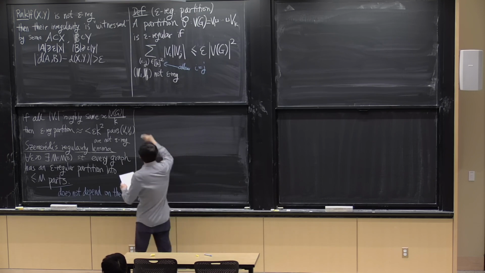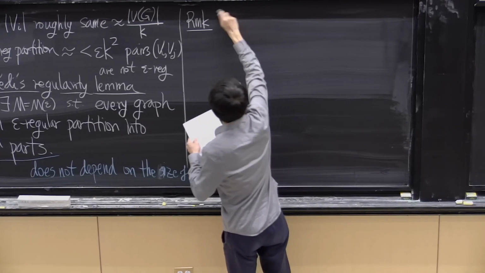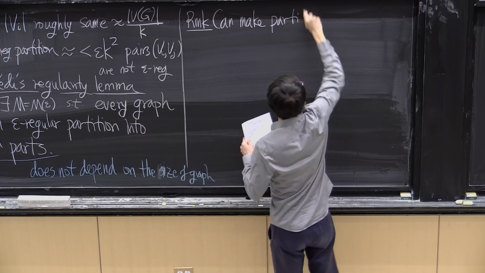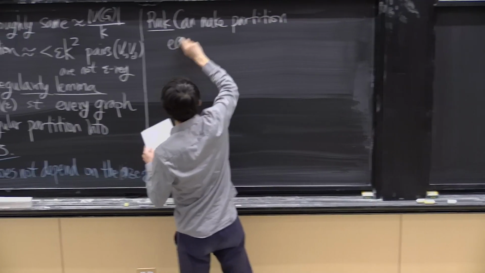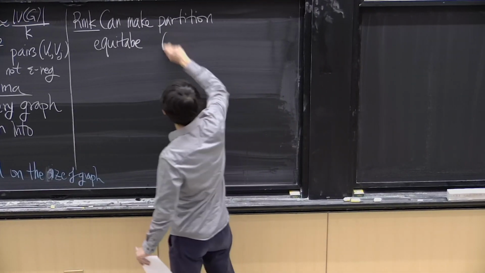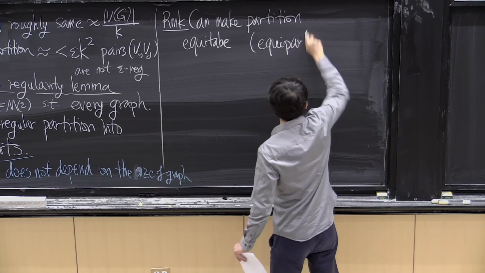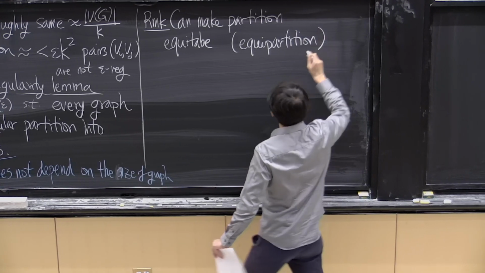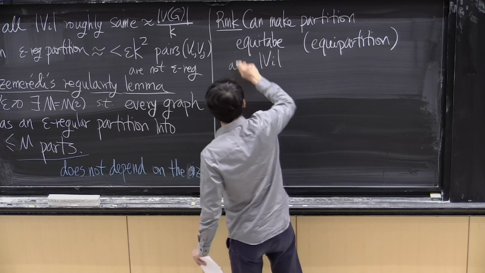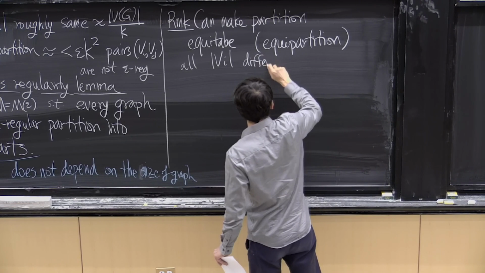So in particular, it is possible to make the partition equitable. An equitable partition is sometimes also called an equipartition, meaning that all the V_i's have sizes differing by at most 1.